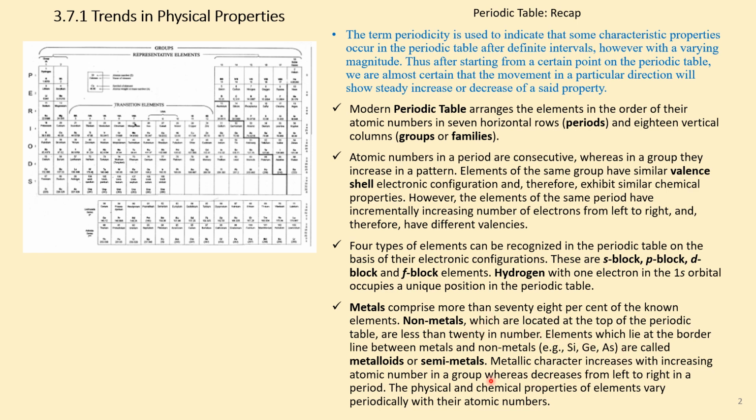Elements which lie at the border line between non-metals and metals are silicon, germanium and arsenic. They are called metalloids or semi-metals or sometimes semiconductors. Metallic character increases with increasing atomic number in a group, whereas it decreases from left to right in the period.